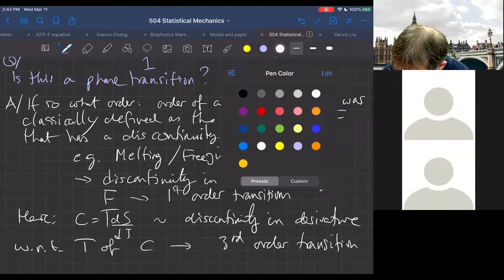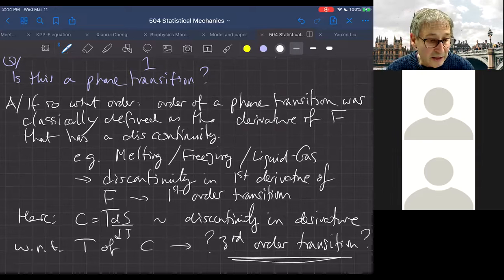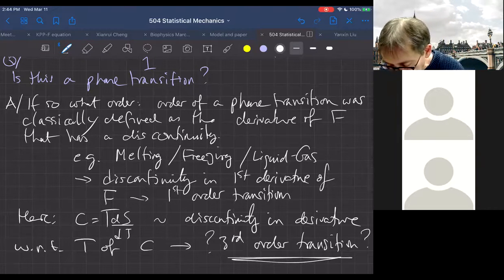That's the claim, but it's not true, and you have to do a more careful analysis to see what's actually going on, and that's what's going to be in the homework.